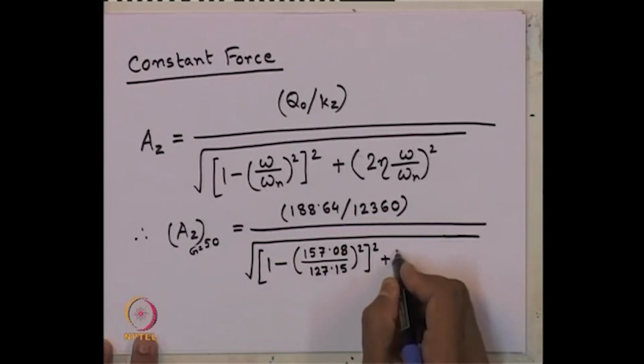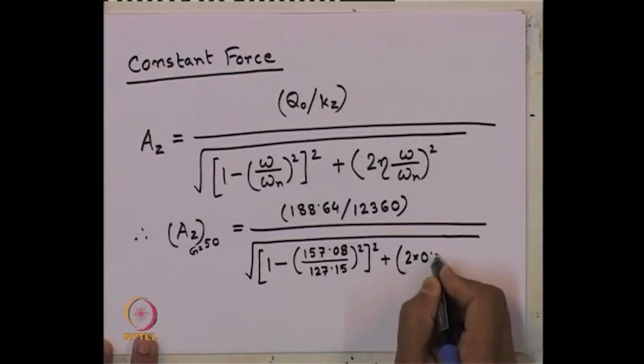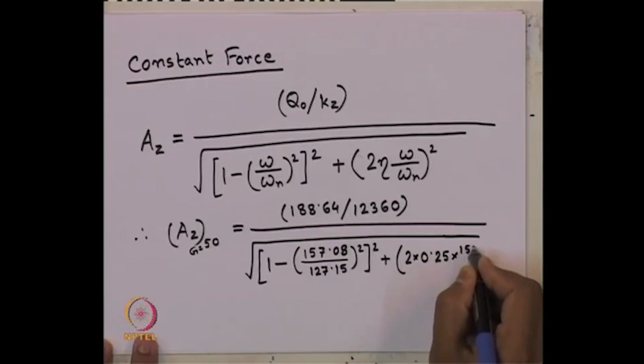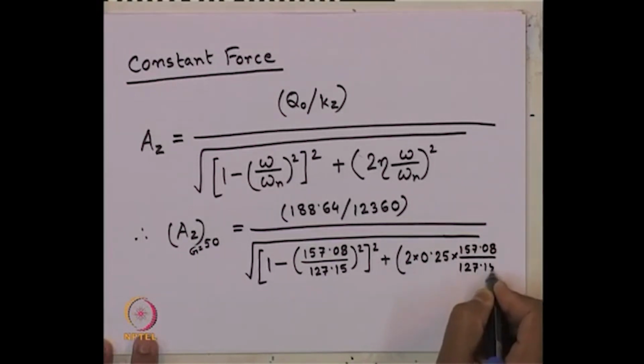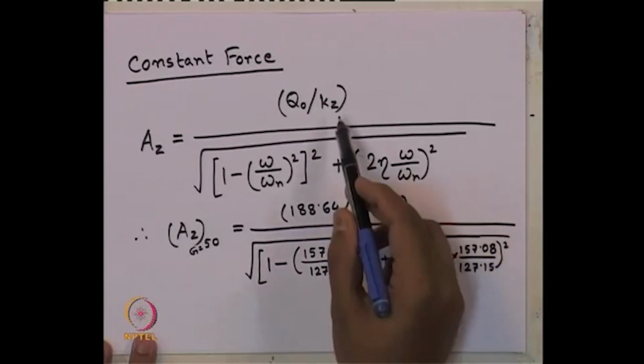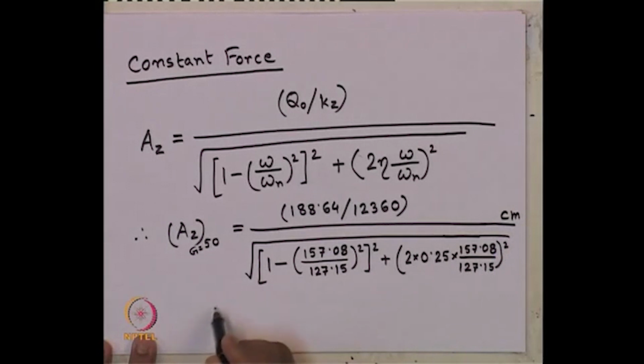Plus 2 eta, eta is 25%, so 0.25, times 157.08 by 127.15. In which unit should we get it? In centimeter, because our Kz is in kg per centimeter unit.